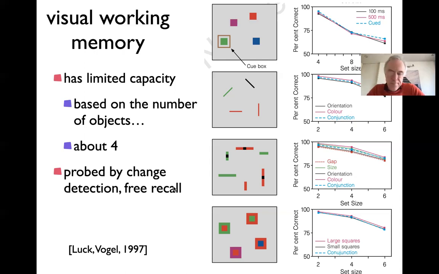It's very limited, and it is limited in capacity with respect to objects. And by objects, we mean stuff that is localized in some sense, localized in some space. It can be really concretely here, visual space. So it's not about how many different items of information you have to keep in memory. Here, for instance, you see these objects have colors, and they have shapes, long and short, and they have orientation.